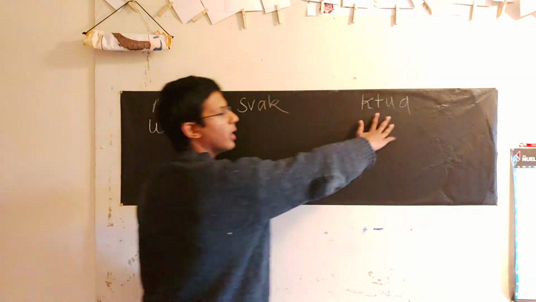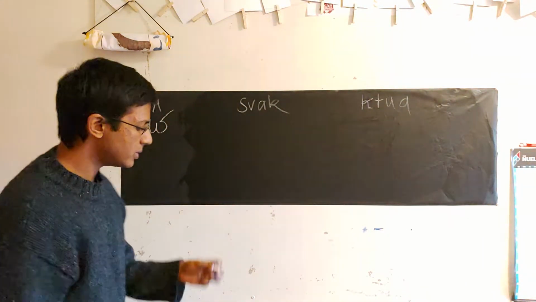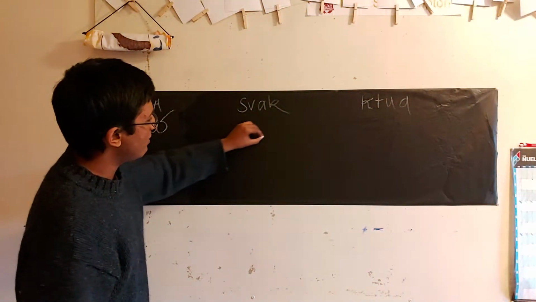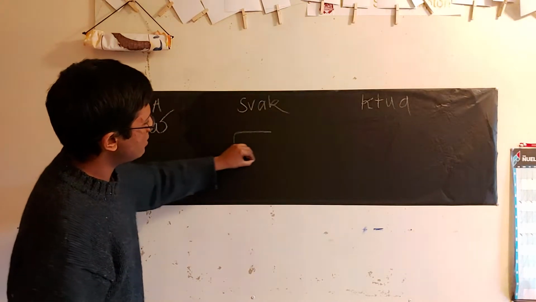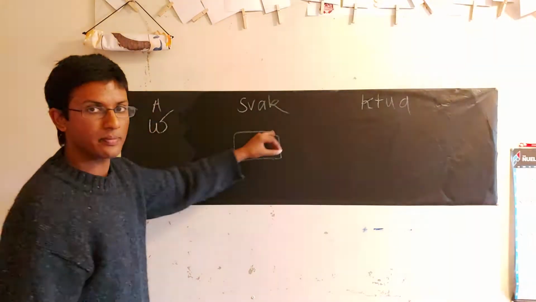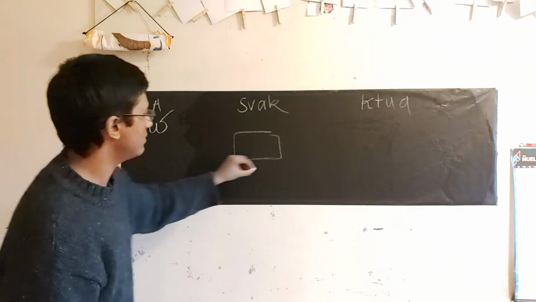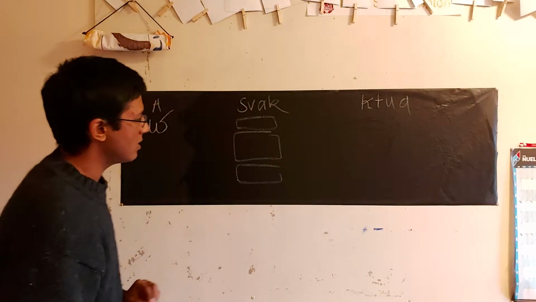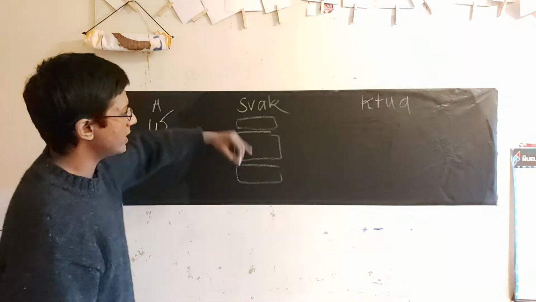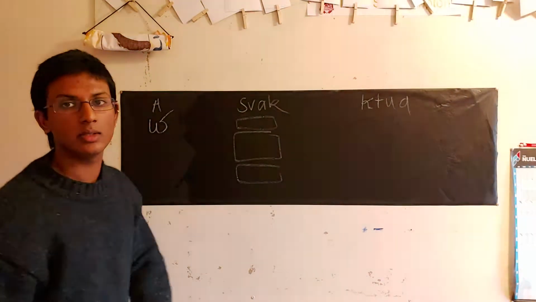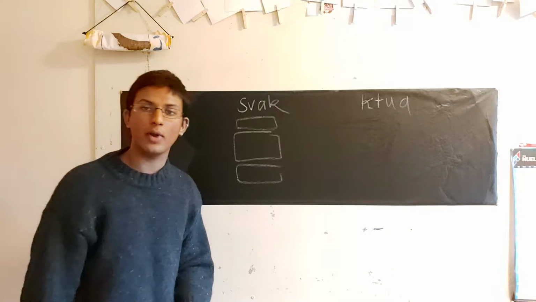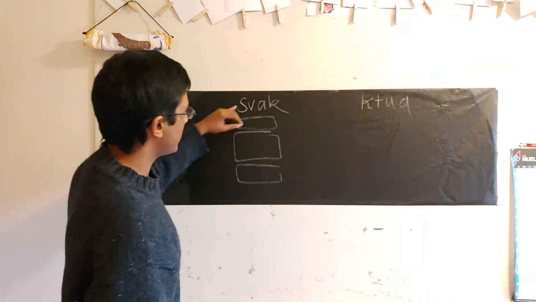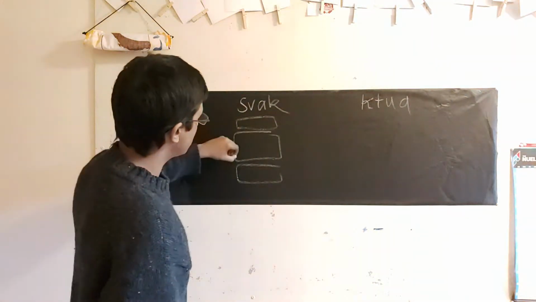Svak, tua. So when we want to write svak, we have the main block, which is made up of our agglutinative, the bottom block, and the top block. You can add more blocks the more consonants you want to write. So we're going to write sa first.